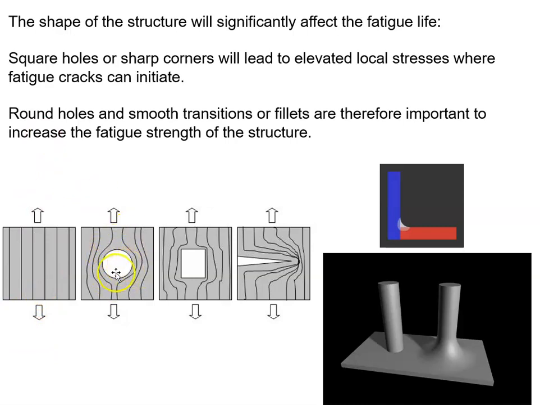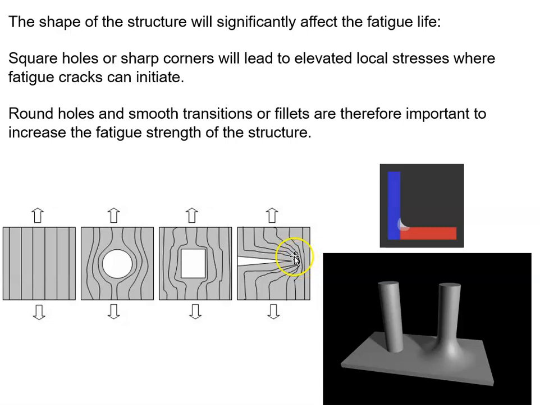Here we've cut a circular hole, and now those forces have to move around it. Still, the stress isn't as bad. Now we've put a square hole in it, and we can see elevated stresses beginning to occur at those corners where these lines are getting closer to each other. And then they cut this crazy triangular piece, and you can see the elevated stresses are very concentrated at that location.